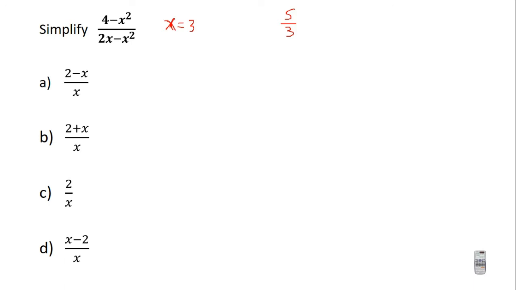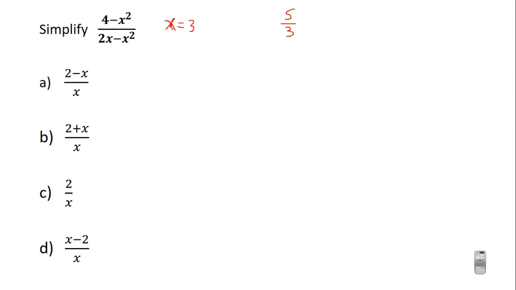So after you have done this, you come to your answers. Now here is where you are going to pick your right answer. You put in x is equal to 3 in each of these options. So you pick the first one, you replace every x with 3, then you find the value. You pick the second one, you replace every x with 3, then you find the value. You keep on doing it until you get the option that will give you the same answer as what the question gave you.